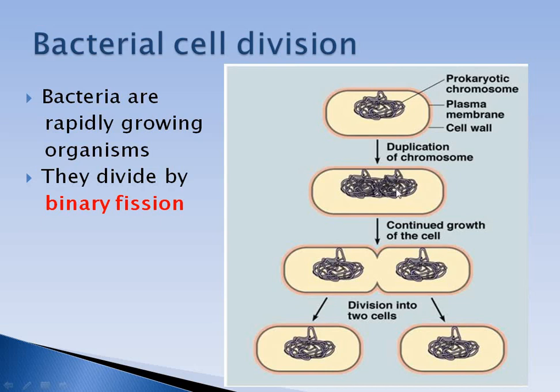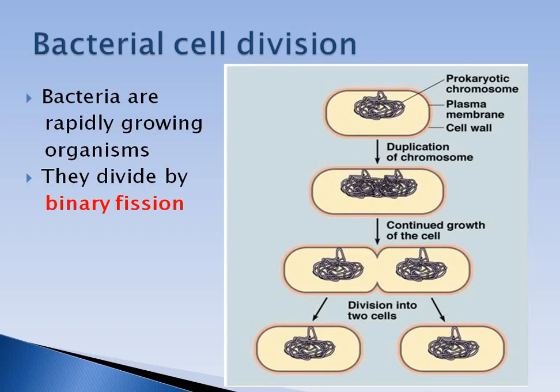When the chromosome is duplicating, the cell keeps on elongating or increasing in size. And as the chromosome duplicates, one chromosome moves to one side, the other to the other side, and in the middle of these chromosomes a furrow appears which divides the cell into two daughter cells. This type of division is called binary fission.